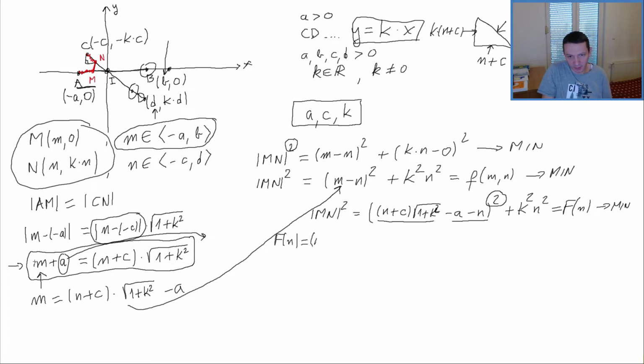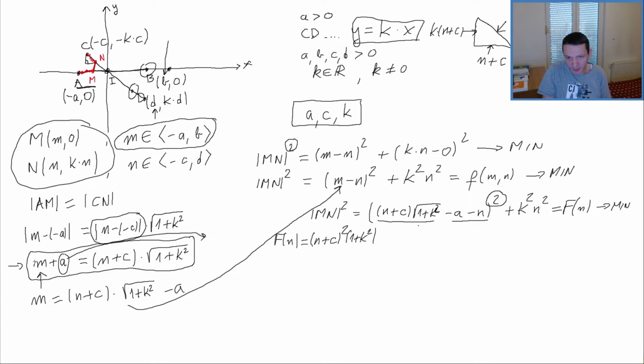So we will obtain n plus c squared times 1 plus k squared.